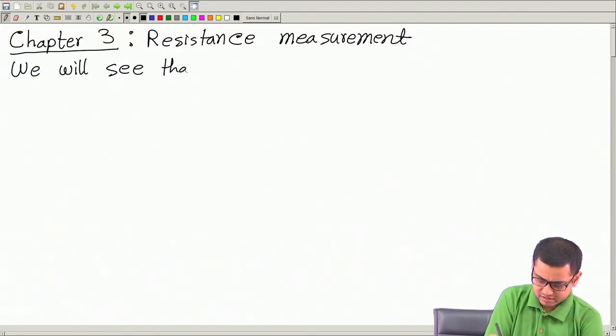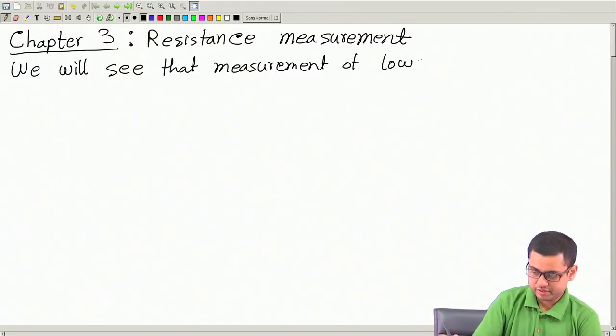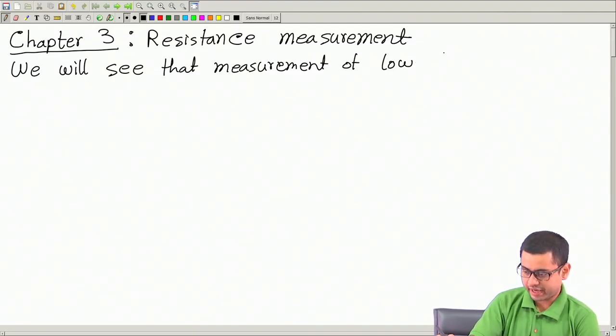We will see that the measurement of low resistance, low may be something like about 1 ohm or less. You need not remember the values of what is called a low resistance. We will understand it in more detail soon.